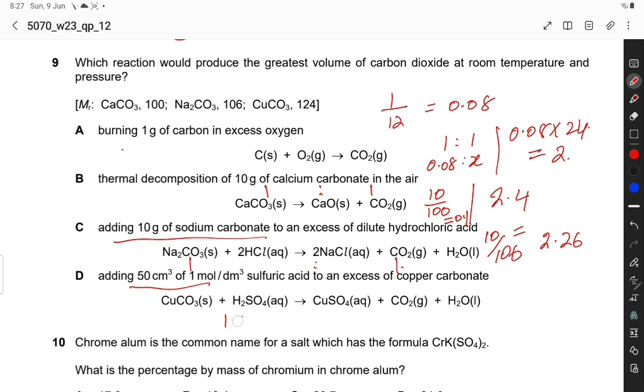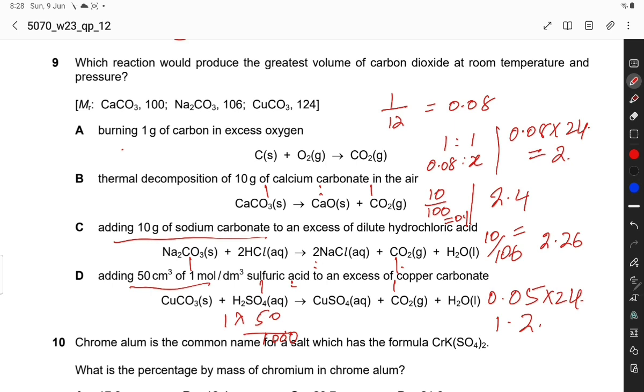So this is 1 into 50 divided by 1000, 50 divided by 1000 is equal to 0.05. 0.05 mole, ratio is 1:1, so it is 24 into 24 is equal to 1.2 dm cube.